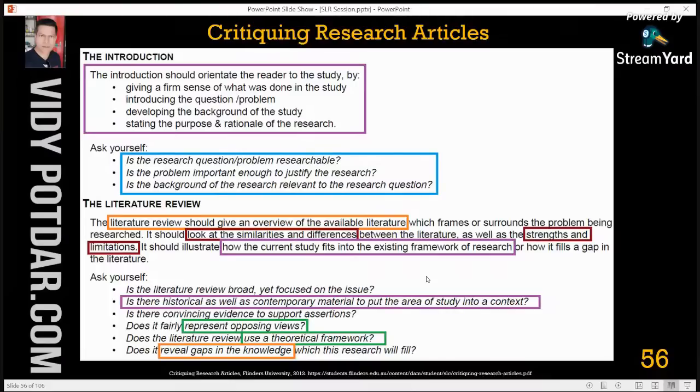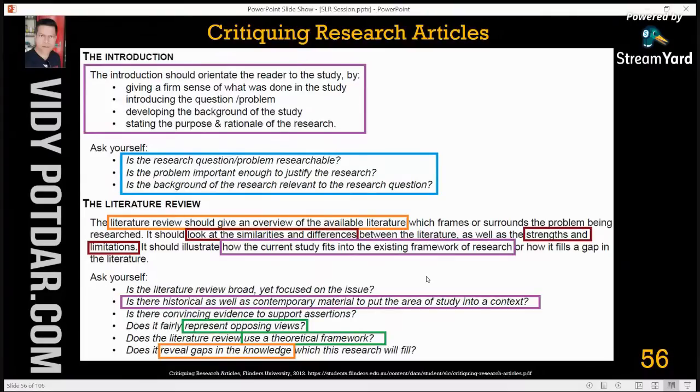Now, when you're reading the introduction, again, these are some of the questions you can think of. Does the introduction orient the reader to the study by giving a firm sense of what was done, introducing the question or the problem, giving a background, and stating the purpose and the rationale of the research?